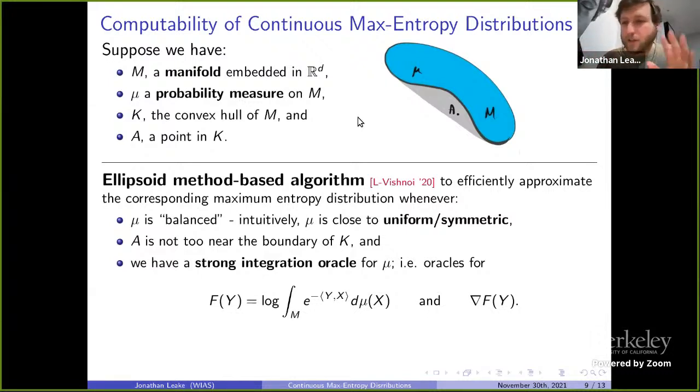So let me be a little more clear. You take a point in the support of the manifold. You look at a small Euclidean ball around that point. Of course, this manifold is potentially of high codimension. So here's your ball.